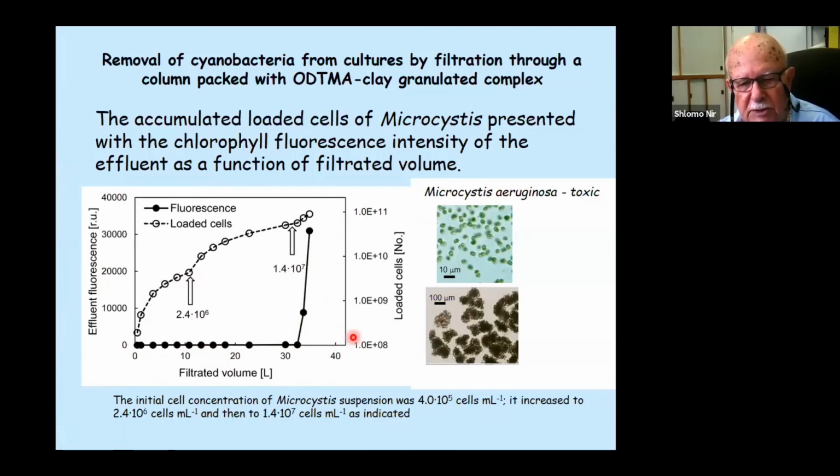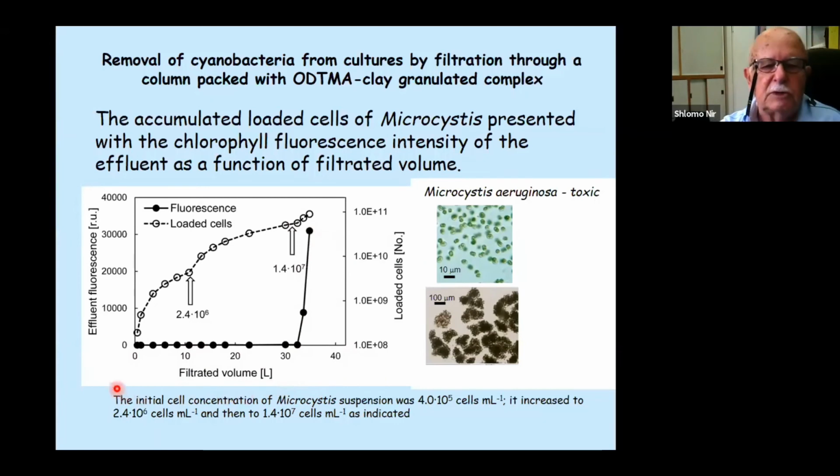This axis represents the number of bacteria captured in the filter. So we see that our filter, which included 40 grams of the granulated complex, could remove all the bacteria from the water during 32 liters. And after that, when a large number was added a second time, there was a rapid increase in fluorescence.